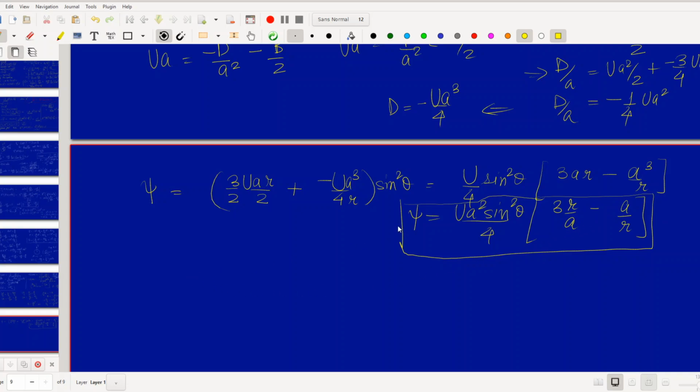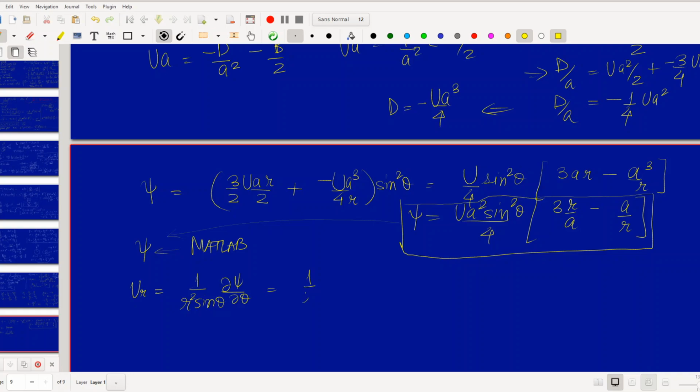So with the help of this psi, eventually you should go to MATLAB and try to plot how iso-psi lines look like. So go to MATLAB or Octave or whatever you like, and try to plot this. Try to see how the structure of psi looks like. So let us write down the components of velocity. So u_r is 1 upon r square sine theta del psi del theta.